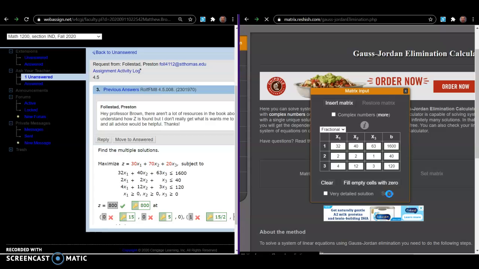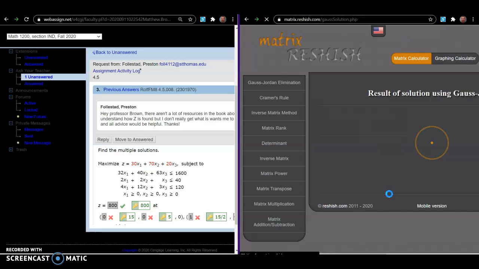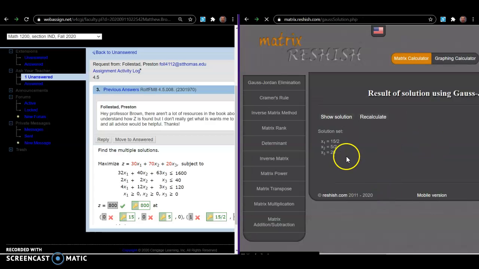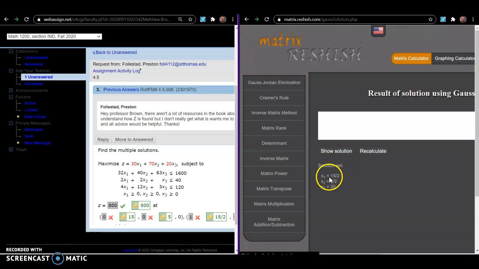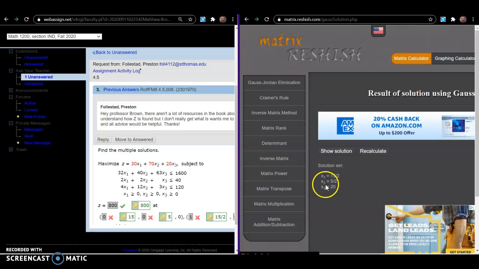So we solve this. Essentially, we have x1 needs to be less than or equal to 15 halves, x2 has to be less than or equal to 5 halves, x3 has to be less than or equal to 20.